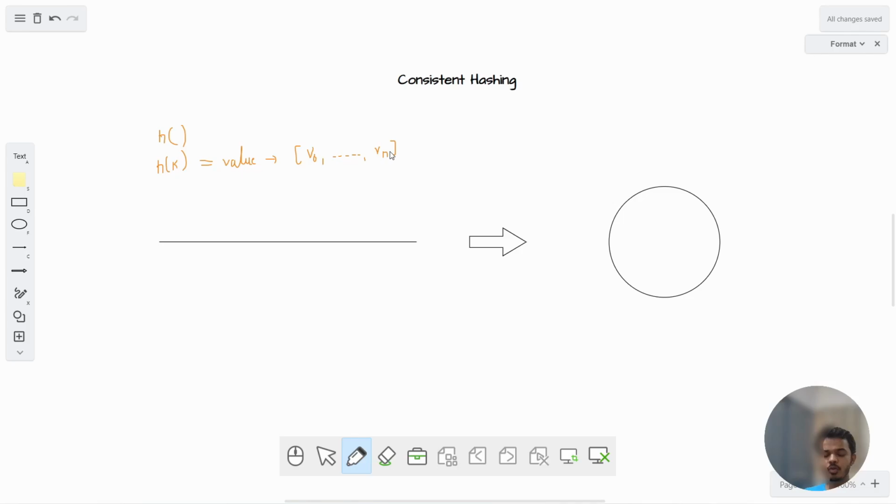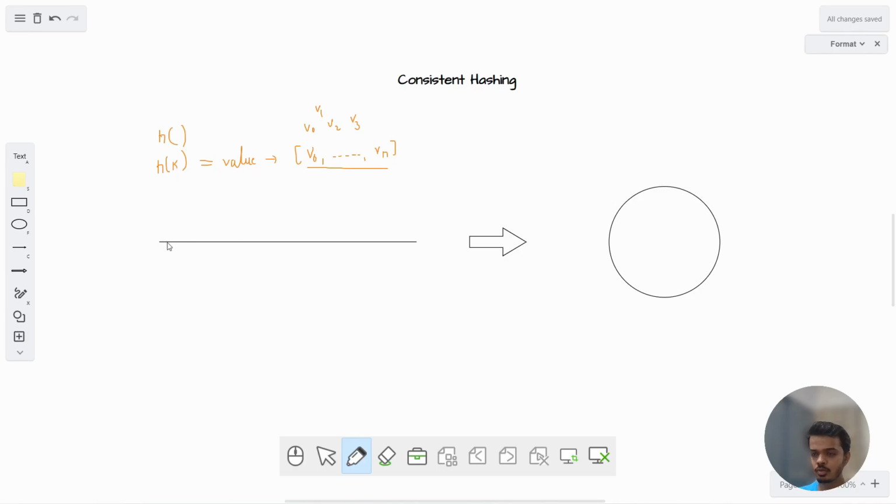You give any key to this hash function, the values are going to be between 0 to n. So as you go on giving keys, the values would be v0, v2, v1, v3, v5, v4. It goes till vn and again it wraps back to v0, v1, v2 like that.